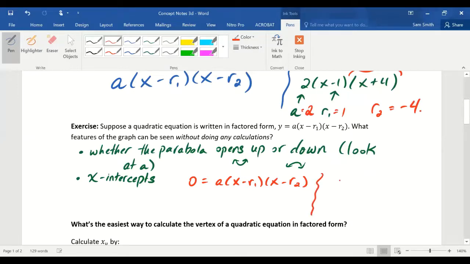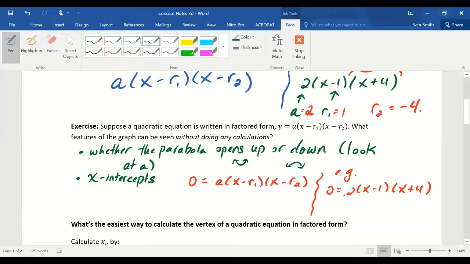Let's see it in a concrete way, as applied to our running example in the back. Say I have 0 equals 2(x minus 1)(x plus 4). Zero product property says that if you want this to happen, there are really only two possibilities.